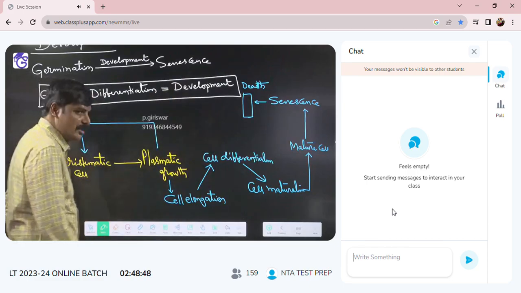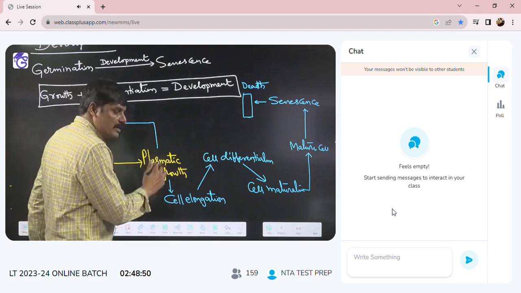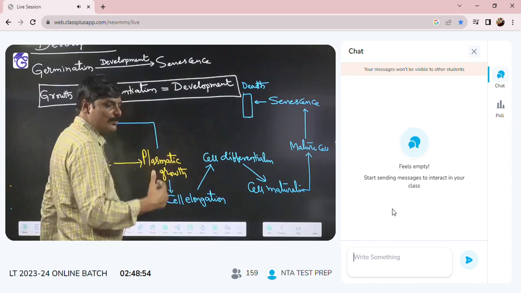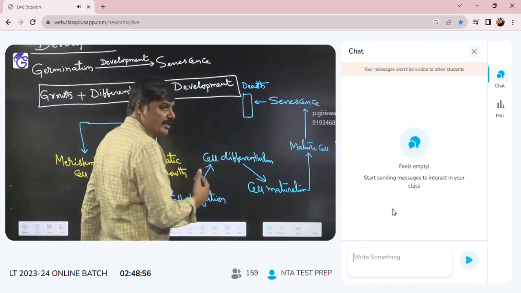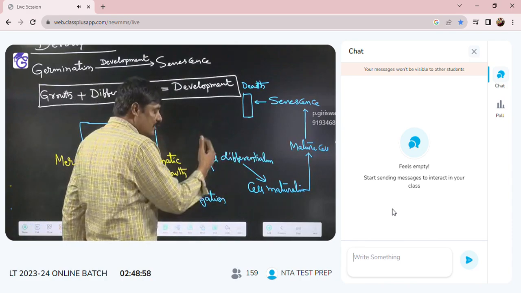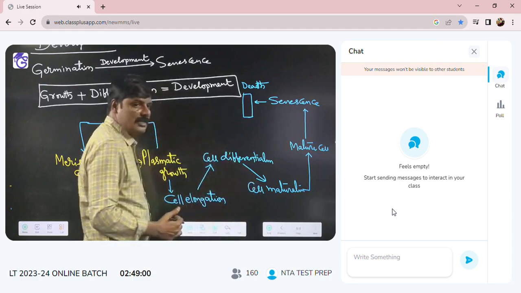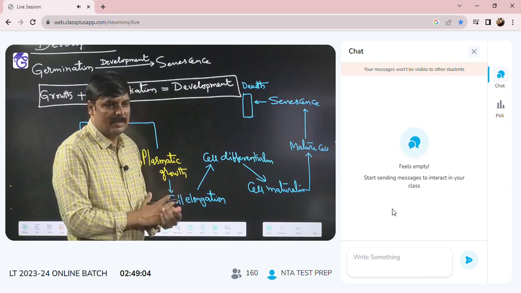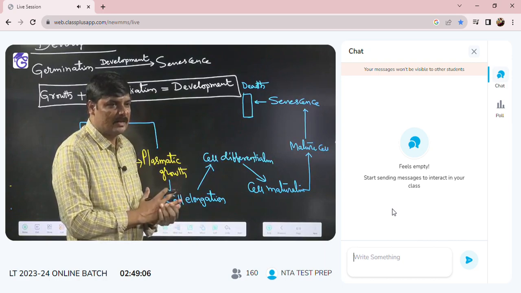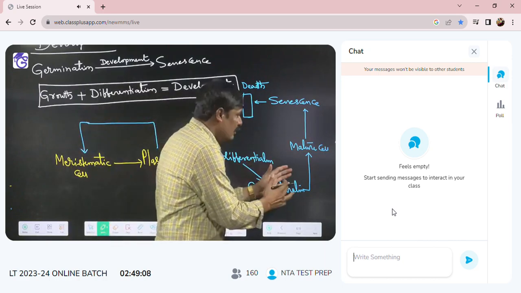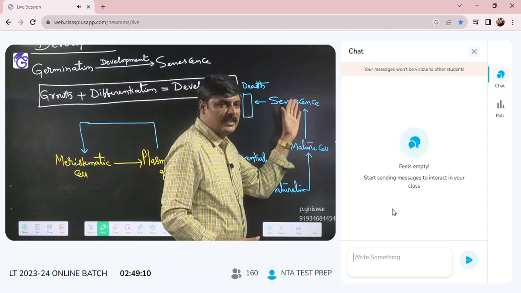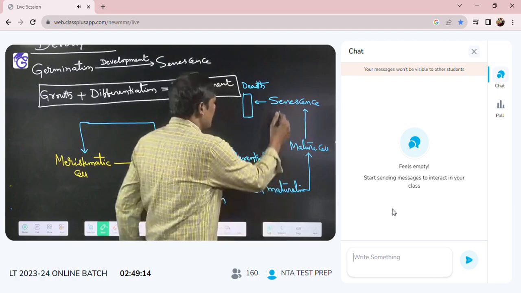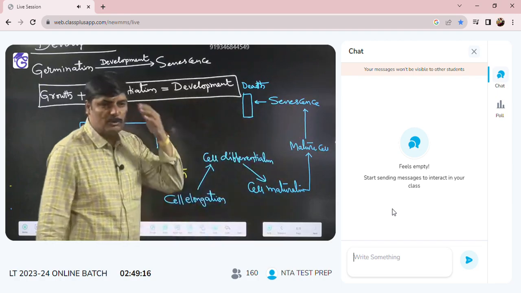During maturation, the cell becomes elongated first, cell enlargement. Cell differentiation next. After cell differentiation, the cell becomes a mature cell. And this mature cell undergoes senescence, and finally that leads to death of the cell.